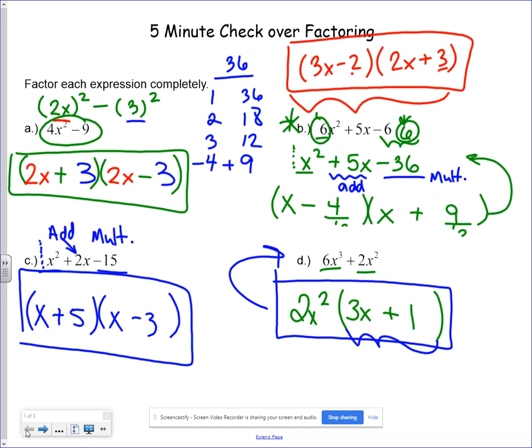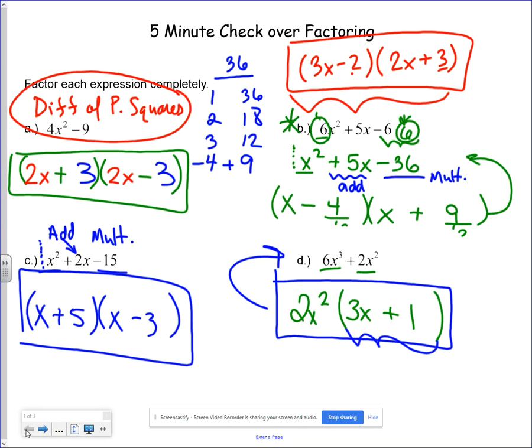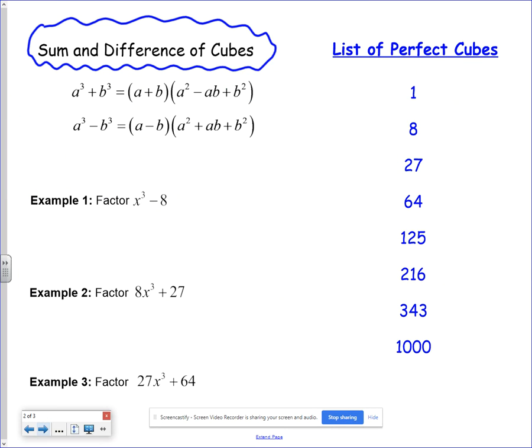If we go back to our examples here, this first one, 4x squared minus 9, remember that's called a difference of perfect squares. So what we're learning today is very similar to the difference of perfect squares. But what we're doing are cubes. And it's not just difference, it's also sum.